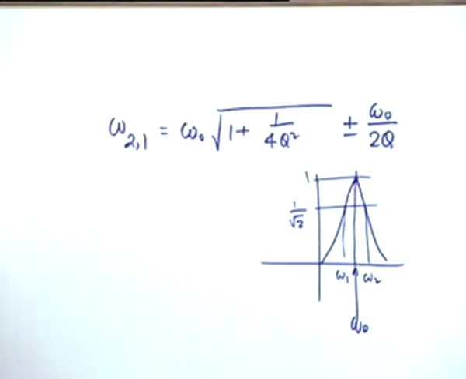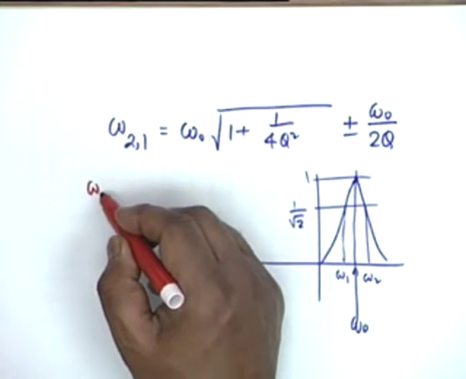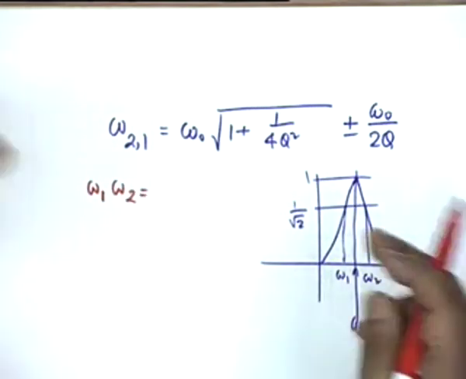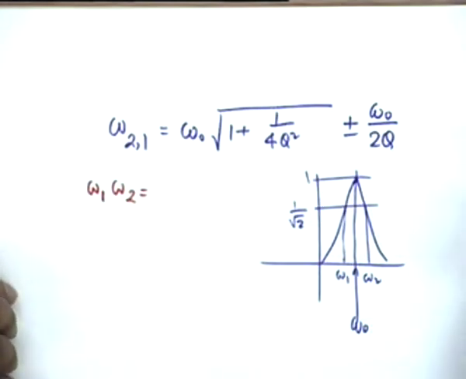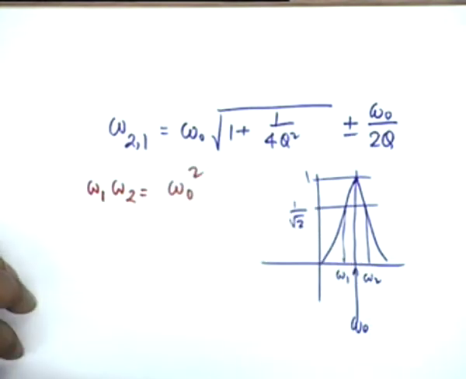All right. Now you notice a very interesting feature: the product of omega 1 and omega 2, if you multiply the two, is of the form a plus b times a minus b, so a squared minus b squared, and you can see that this is simply omega naught squared. What does this mean?